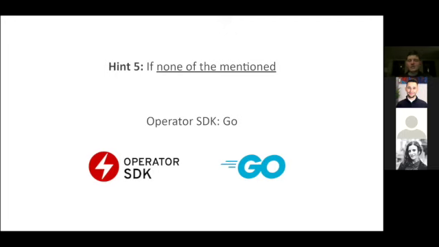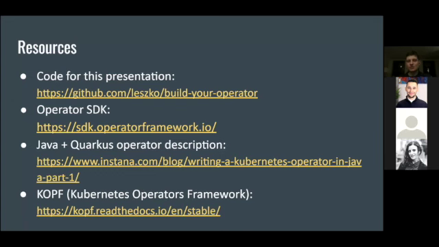And as a last slide for this talk, I would like to share the resources. The first one, the most important, is the GitHub repo I created, where you can build all these operators using different frameworks on your own, just to play around. The second one is the Operator SDK documentation, which is now going mainstream with the operator.